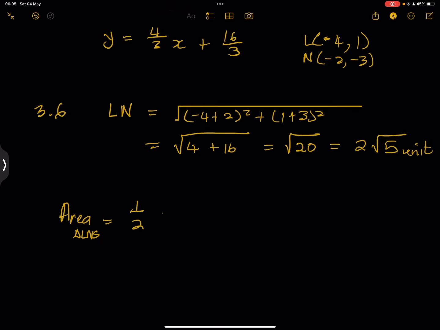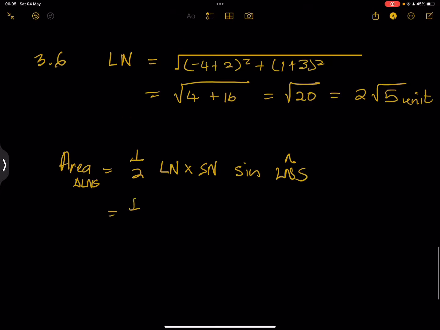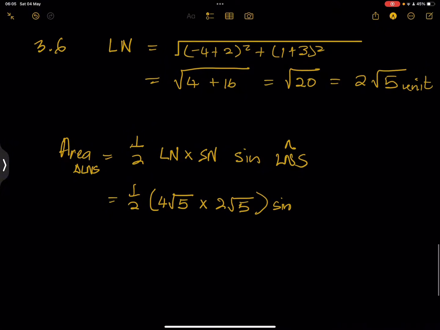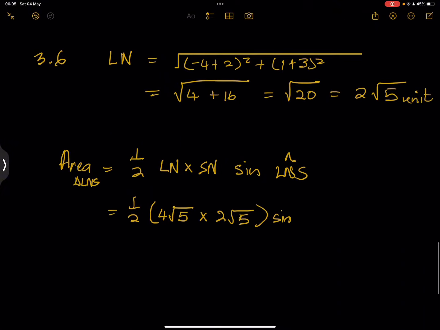It's going to be LN multiplied by SN, and the sine of the angle in between them, that is angle LNS. I know that angle there. So this would be half of 4√5 multiplied by 2√5, and this would be the sine. I think we got 63.44, right?